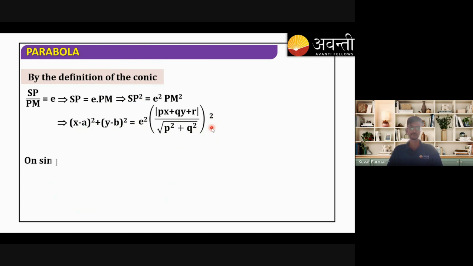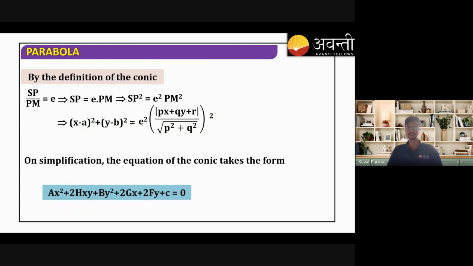The whole square. So on simplification, obviously we cannot do the simplification here. It will be a very messy equation. I hope you can understand. So if you want to try it, you can try it. Sure. And if you want, we can also do it in the class, but it will take a hell of a lot of time. So that's why.